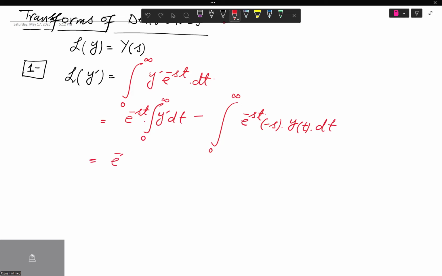Now it is e raised to the power minus st, and when it is evaluated, it will be the function of y, and it should be evaluated over limits from 0 to infinity. This would become plus s, and from 0 to infinity e raised to the power minus st y dt.